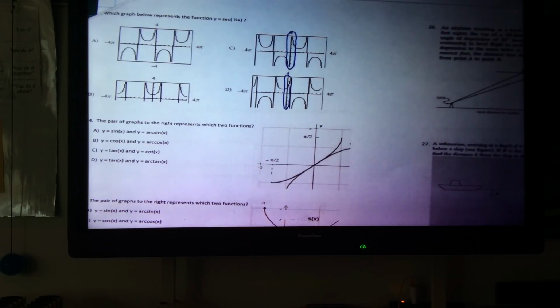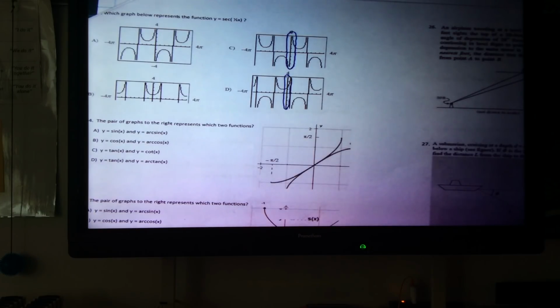What does cotangent mean? Cotangent is 1 over the tangent. Which one are you looking at? C? Yeah, it's gonna be 1 over the tan. It is, but that's an inverse function there, so it won't be that one.